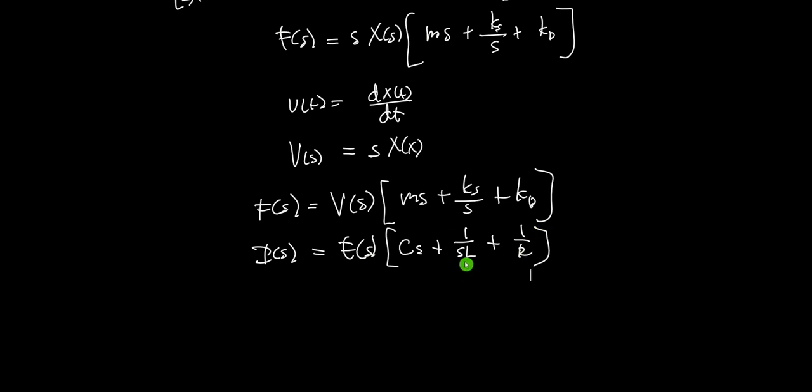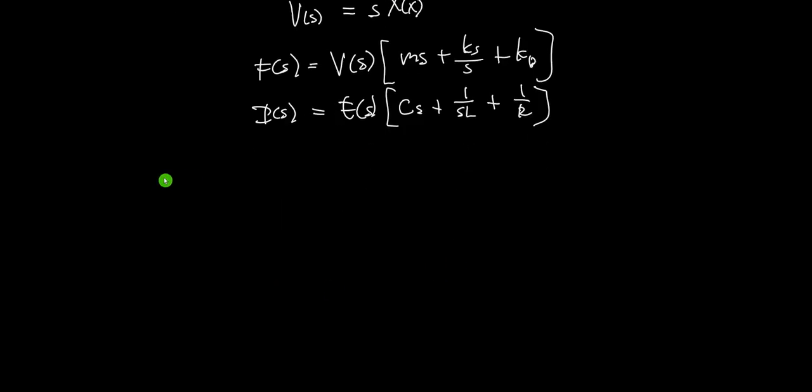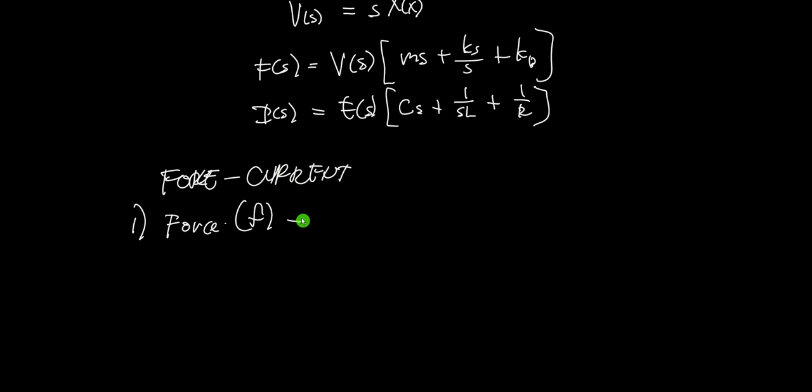So from that, what is now our analogy? So these are our force current. The force F is equivalent to the current I. Then number 2, the velocity. Velocity, which is the x dt.